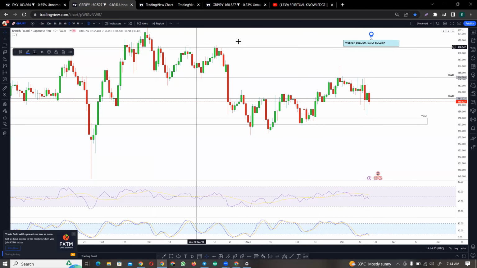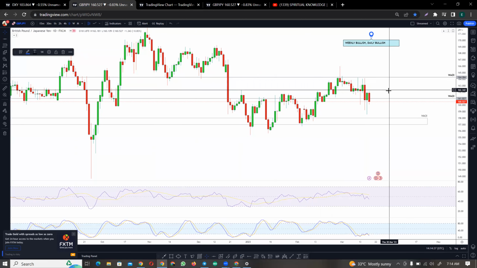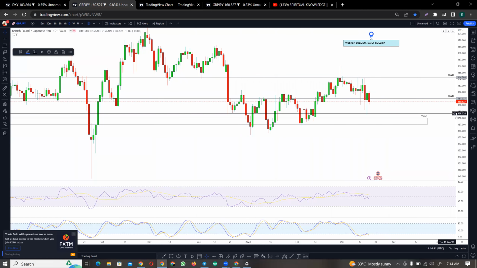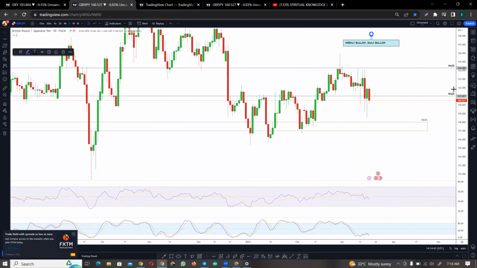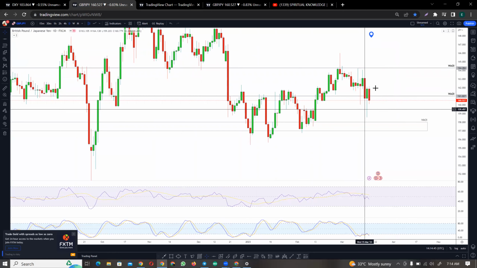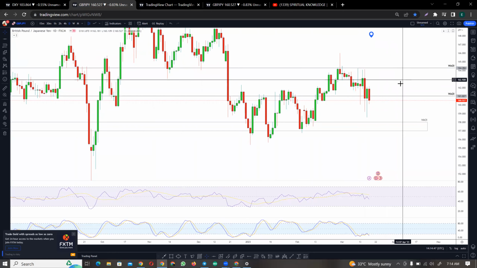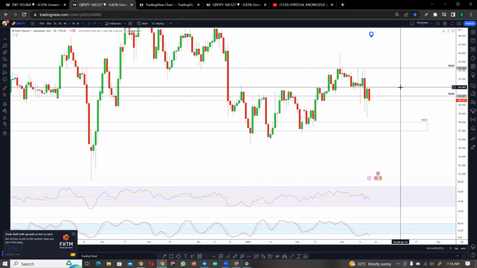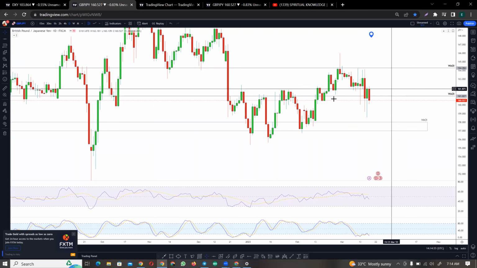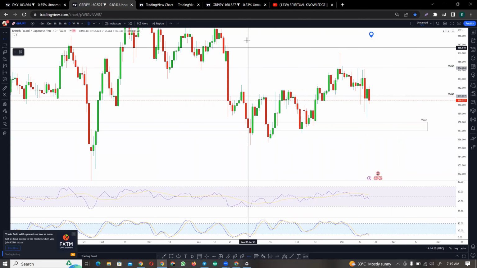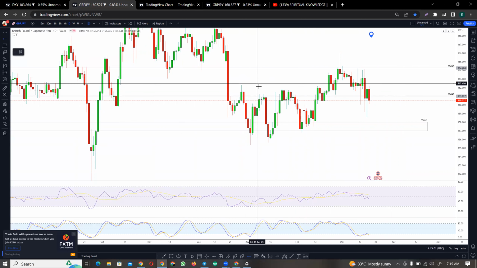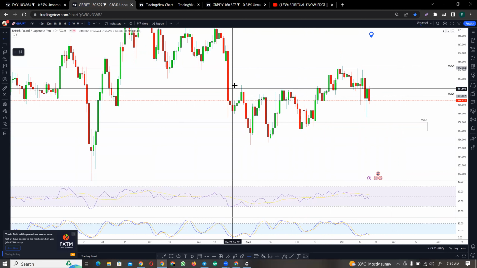Then we look to see if we have a zone we can mark here. Do we have any zone? Yes, we have there. Okay, let me use this line instead.